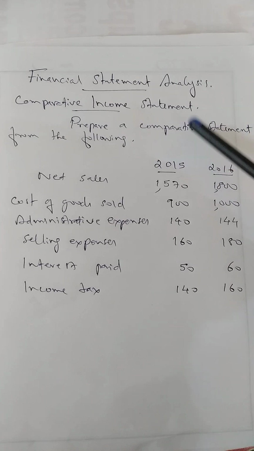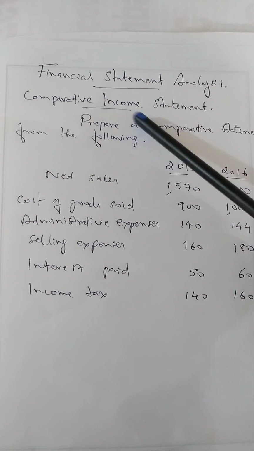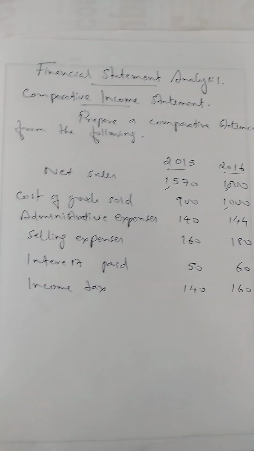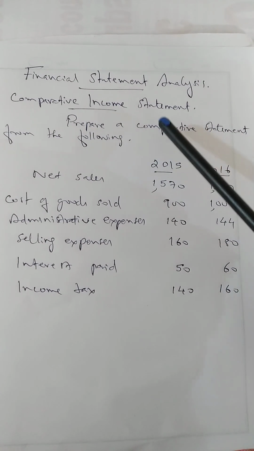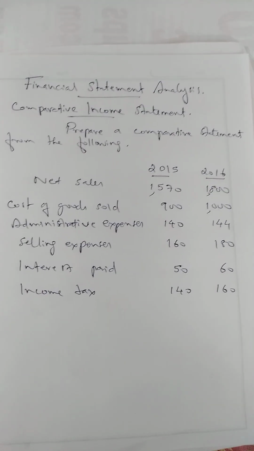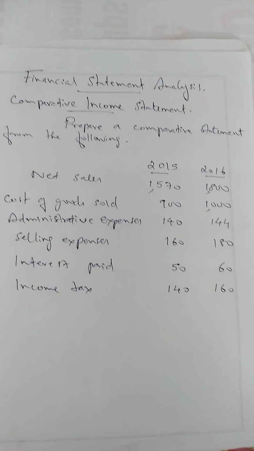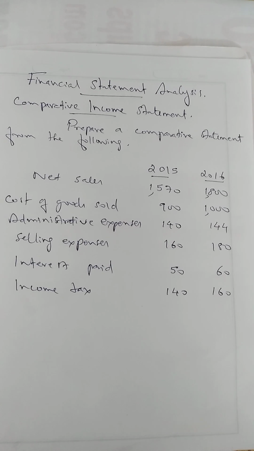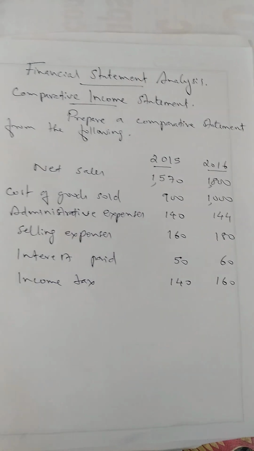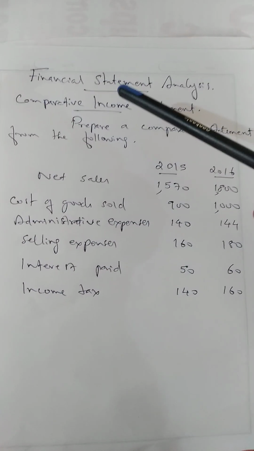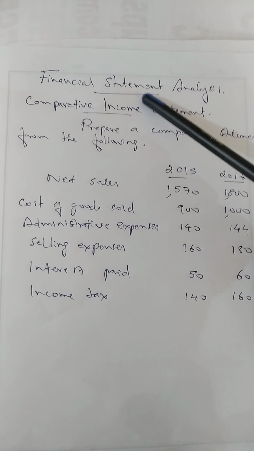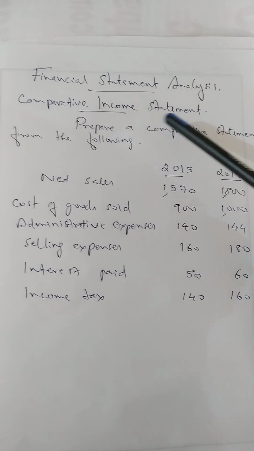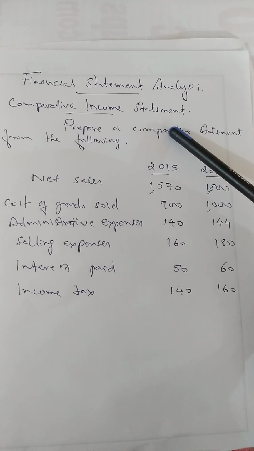And here we explain comparative income statement analysis. This financial statement analysis consists of several types of analysis such as comparative statements, common size statements, trend analysis, etc. Now we discuss comparative statement analysis, and it consists of two items: comparative income statement and comparative balance sheet.